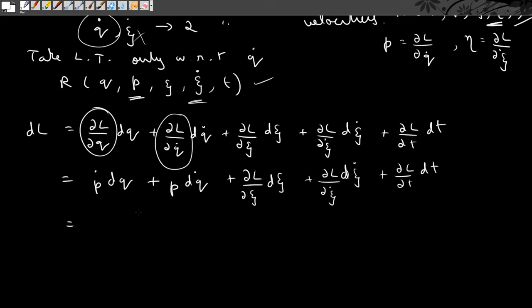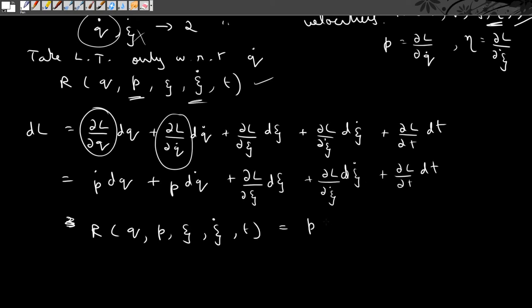Before going there, let us see how to calculate our R. R, which is a function of q, p, xi, xi dot and t, is nothing but the Legendre transform with respect to q dot.